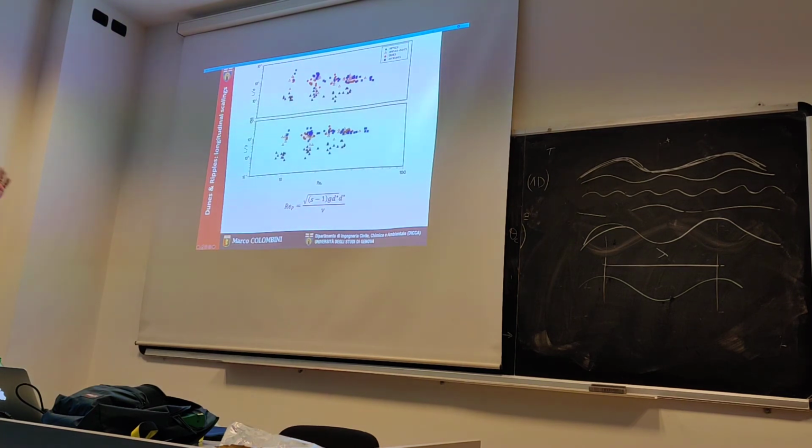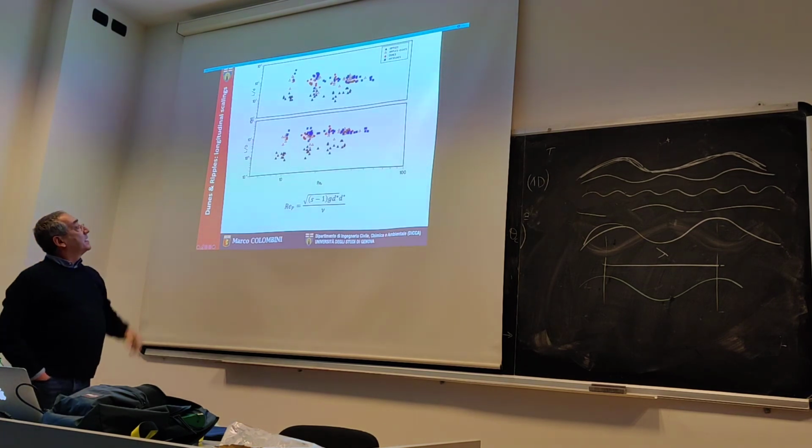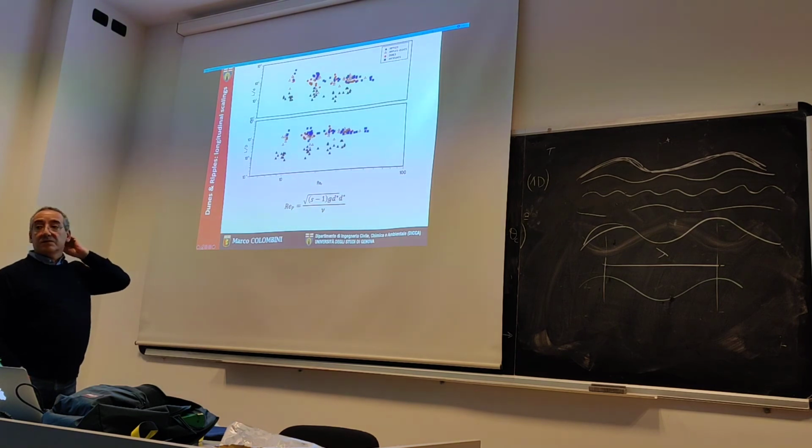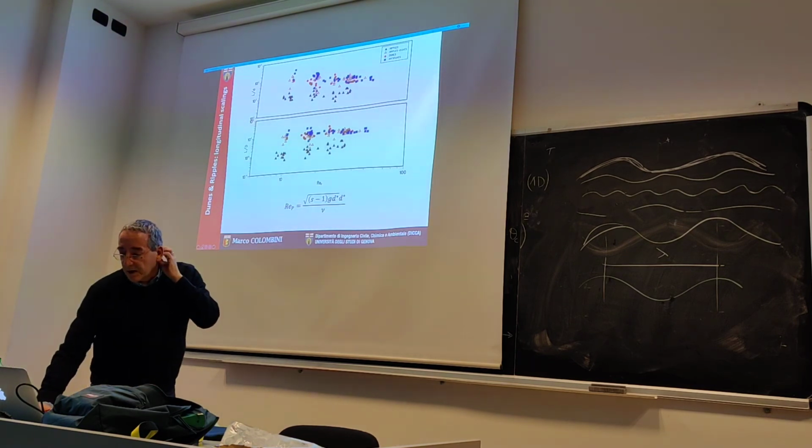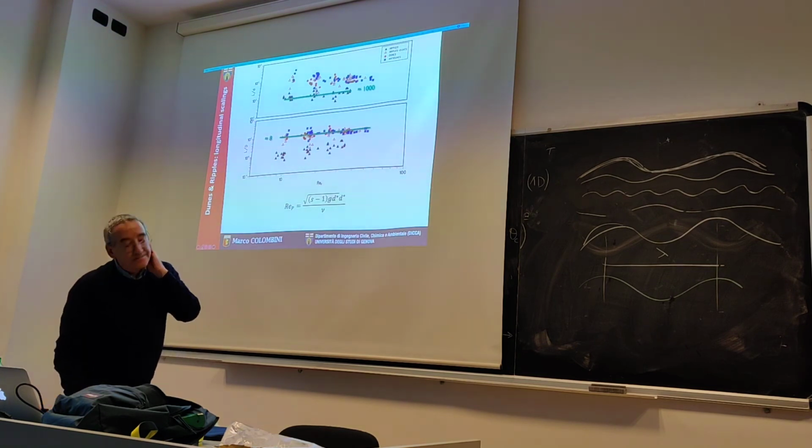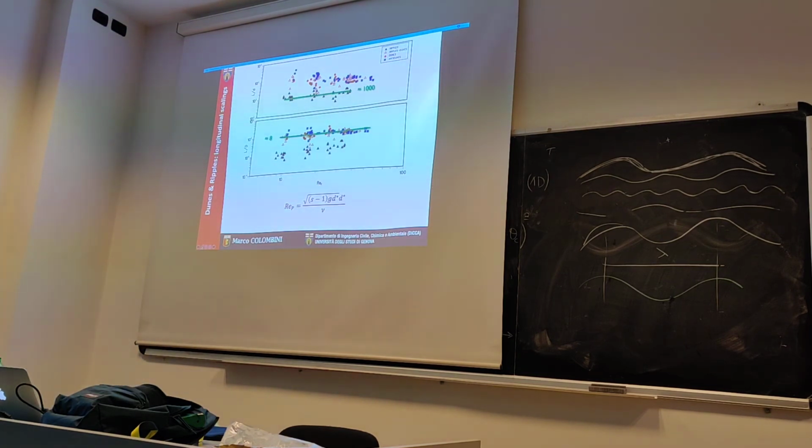On the vertical axis you have the wavelength of the bedforms as measured by the experimenter, scaled with either the grain size in the upper plot, or, in the bottom plot, the flow depth. I want you to appreciate this, which is actually very old: anti-dunes and dunes scale much better with the flow depth than with the sediment diameter.